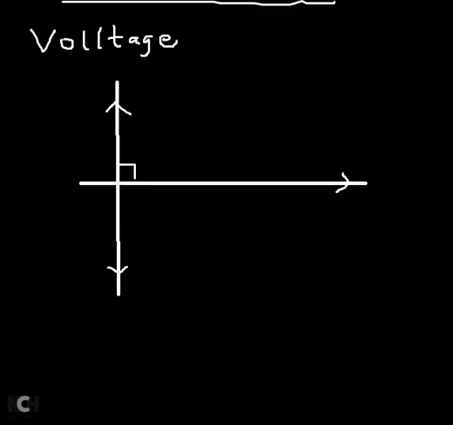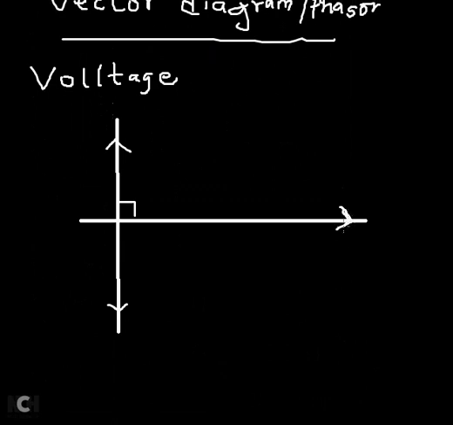So I can actually draw that. That means for the horizontal axis, this is the voltage of the resistor. For plus 90 degrees, this is going to be the voltage of the inductor. And for minus 90 degrees, this is the voltage of the capacitor.